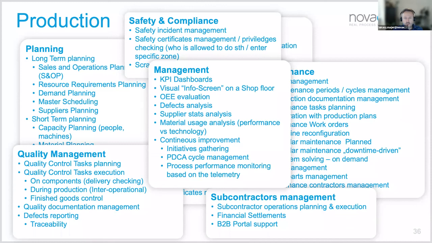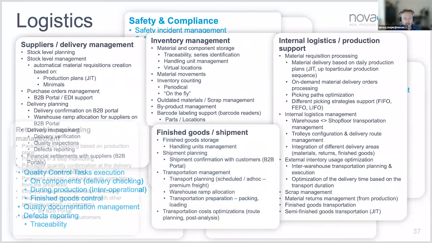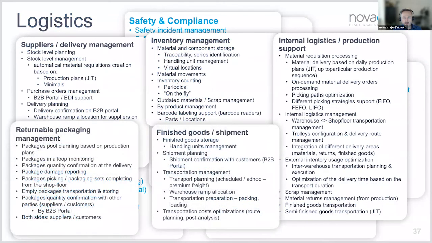I don't want to go into details now because we did a lot for just pure production, but production is as good as connected logistics. So again, for logistics, we did the following. We have internal logistics and production support. We have solutions for inventory, pure inventory management like warehousing. We can help you manage the finished goods and shipments and so on.